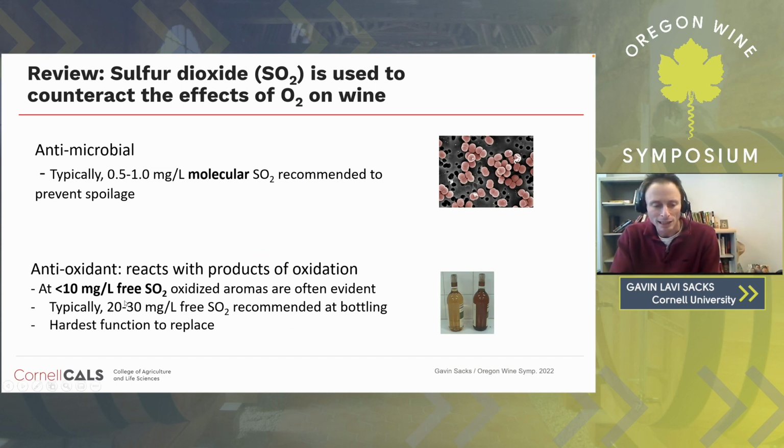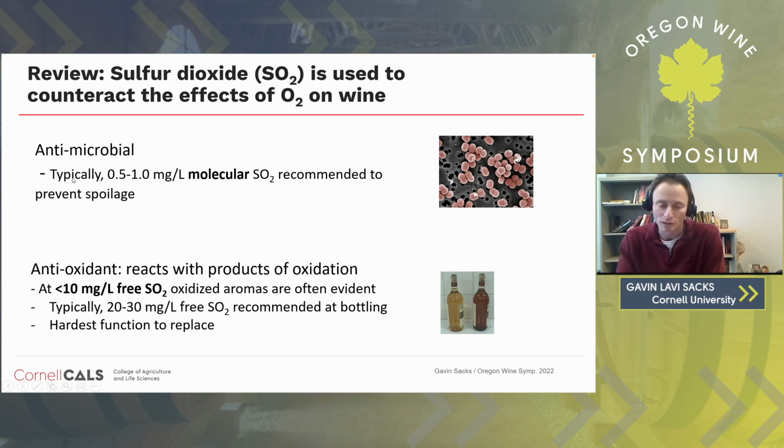So below about 10 milligrams per liter free SO2, oxidized aromas or other signs of oxidation like browning start to become evident. And most winemakers will target free SO2 concentrations in the ballpark of 30 milligrams per liter at packaging or during storage. And of all the functions of SO2, this is the hardest one to replace.